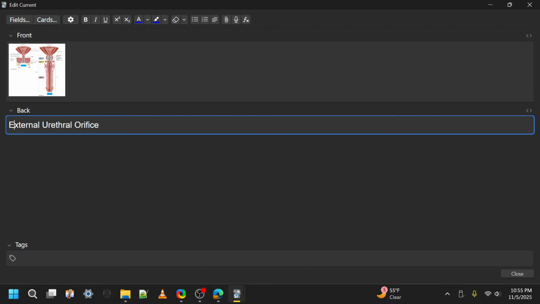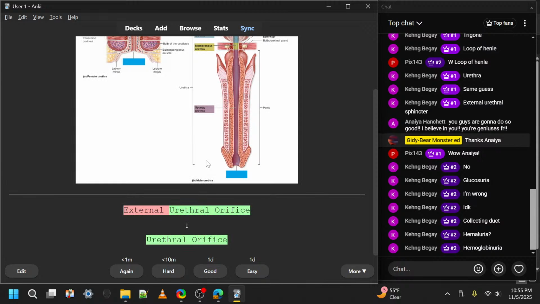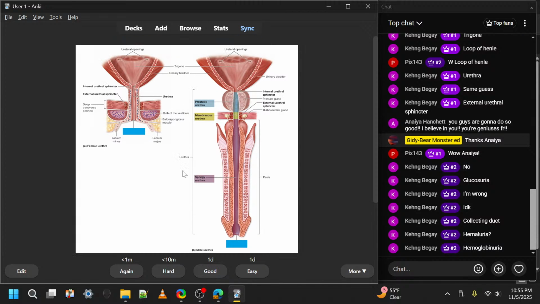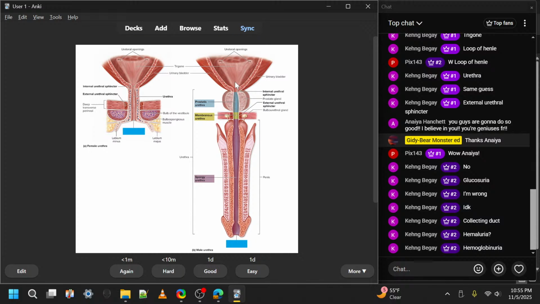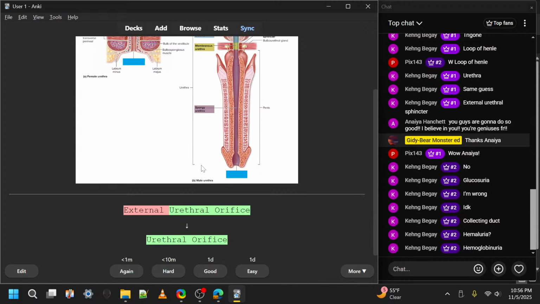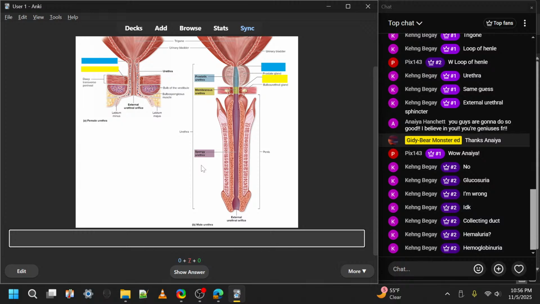External. There we go. And then we'll just imagine that there's an internal one. And just remember, anytime we write down external urethral orifice, also remember that there's an internal urethral orifice, because I don't really want to go and find a picture and draw it. And make another one.